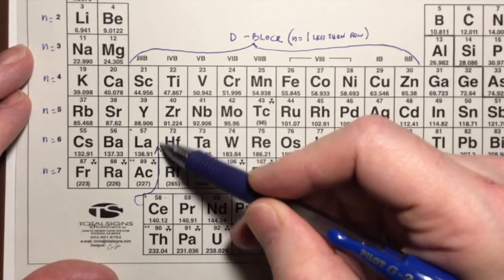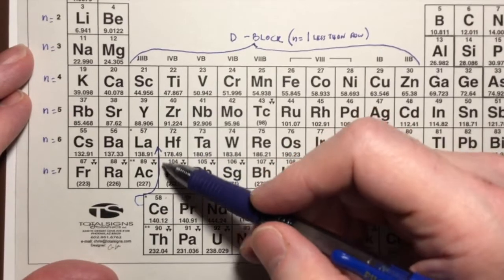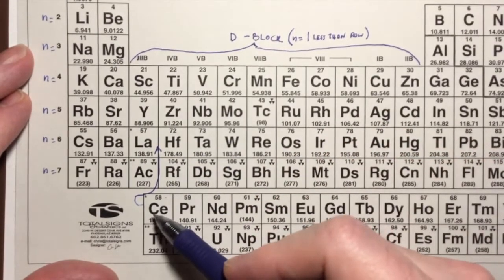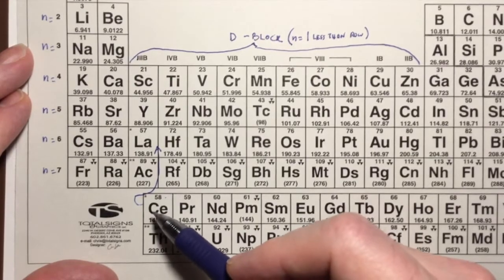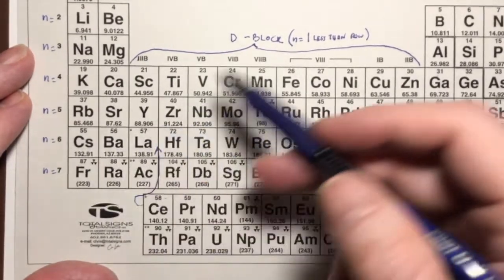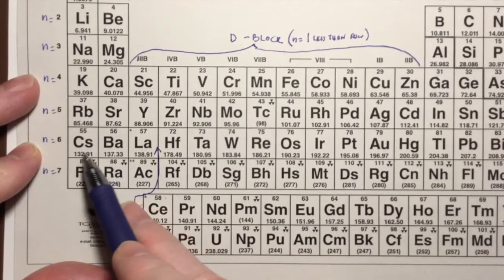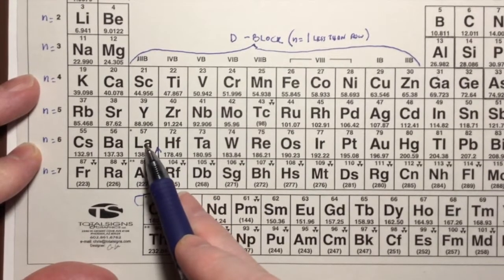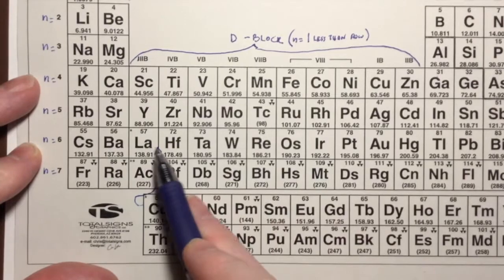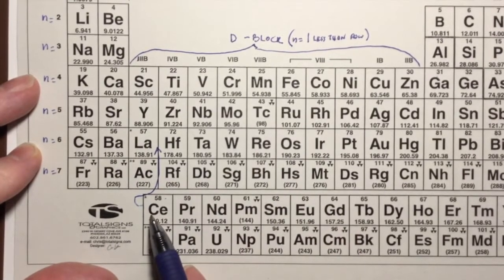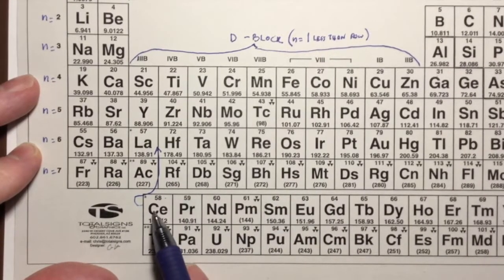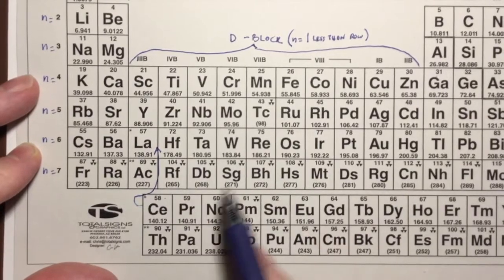It goes right there. The other quirky part of this is that the F block takes an n value that is 2 less than the row that it's in. So if this is 6s and this is 5d, then this is 4f. 6s, 5d, 4f, okay?